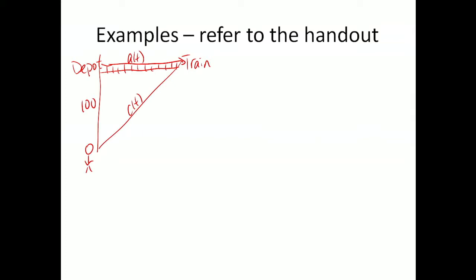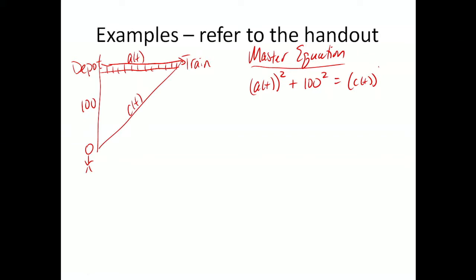So I'm going to use, as my master equation or my overarching fact, the Pythagorean theorem, which says that the A side squared plus the B side, now B is 100, so I'm going to literally just fill in 100, squared, has to be the hypotenuse side squared.